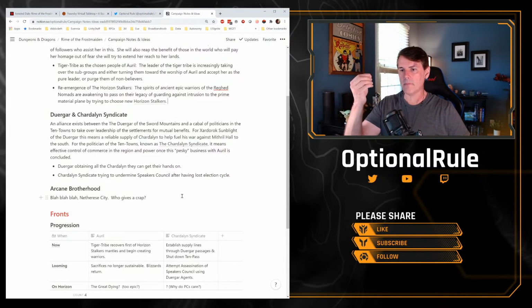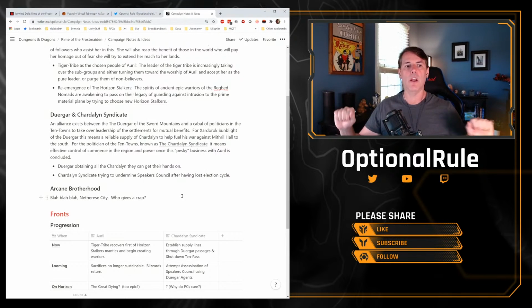So instead, I'm establishing a faction called the Charlton Syndicate, in which the Zhentarim won a Speakers Council seat. The Speakers are sort of the leaders of these Ten Towns, and they're elected. They've only won one town, Targos, I think the name of it is. And that's the ringleader for all of these other people in the Ten Towns, business leaders, town guards, basically upper-class folks who want to take this over and be evil businessmen.